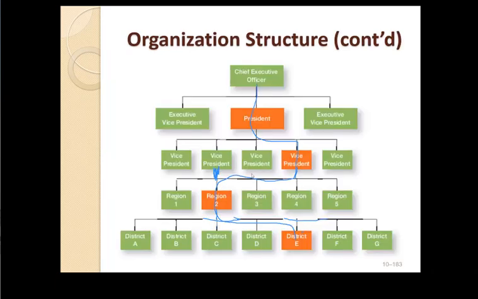Right. So this should report to region 2. Even the vice president in orange is in the chain of command here, but he cannot report directly to this. Understand? You cannot make a report directly to this.